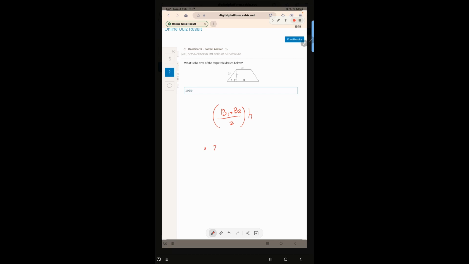So base 1 is 7 plus 51 plus base 2, which is 30 over 2, which is 58 plus 30, which gives you 88 over 2, which is equal to 44, times the height, which is 24. So 44 times 24 gives you 1056.